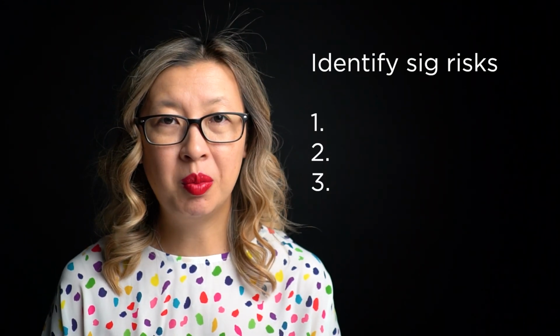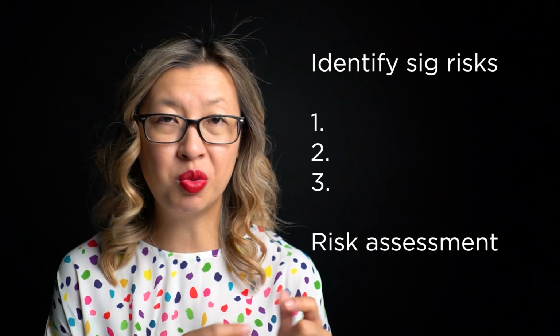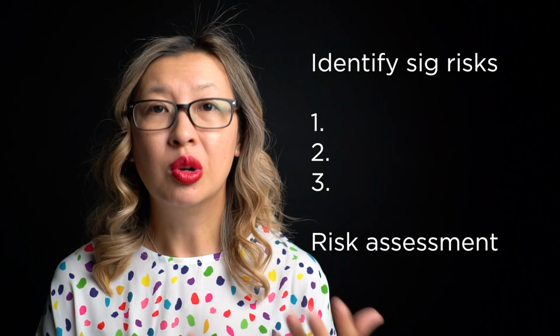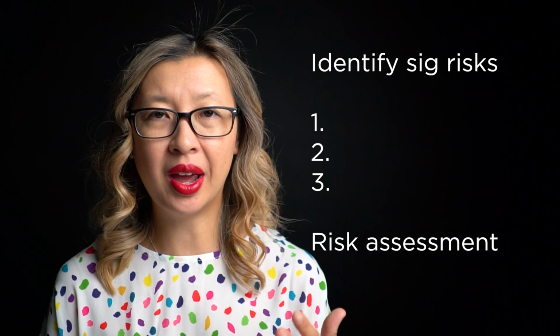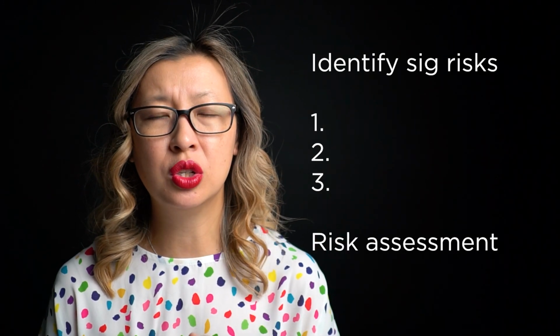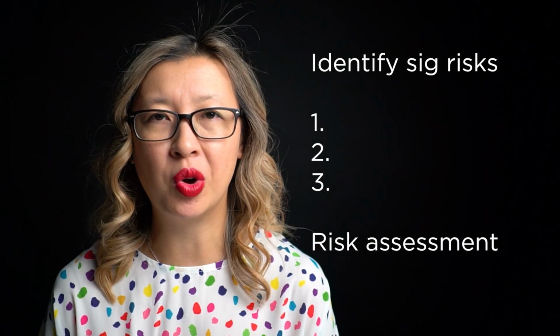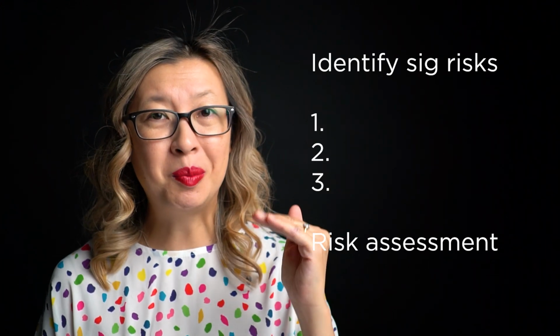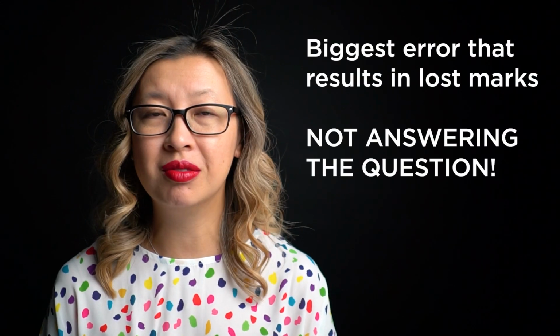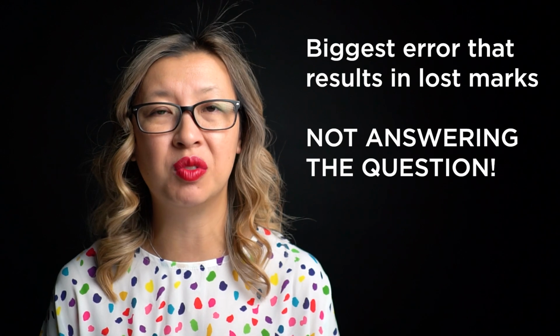The next part might be provide your risk assessment. So you might just leave a heading there that says risk assessment. And that way you've started structuring your question before you've even really started thinking about what your answer is going to be. Because the biggest mistake that students make is they see a keyword and then they just start writing and they don't remember to answer the rest of the question.